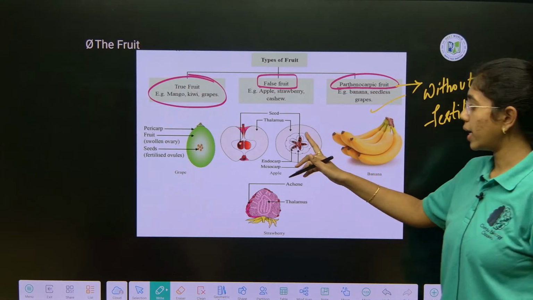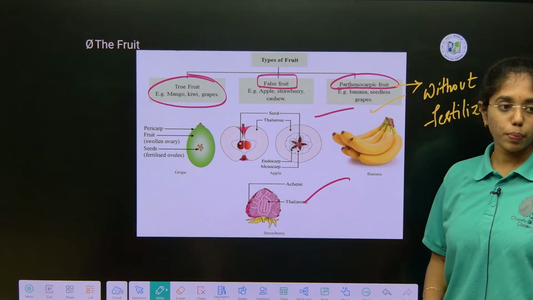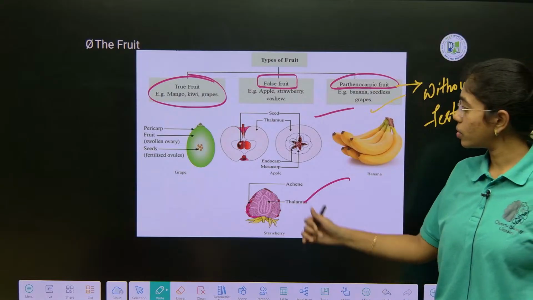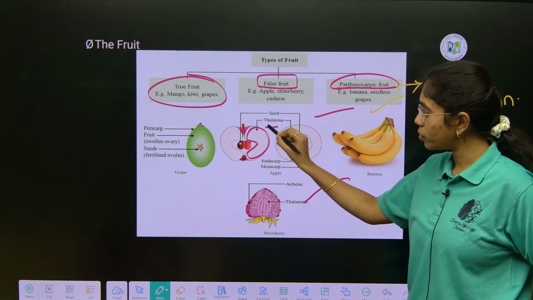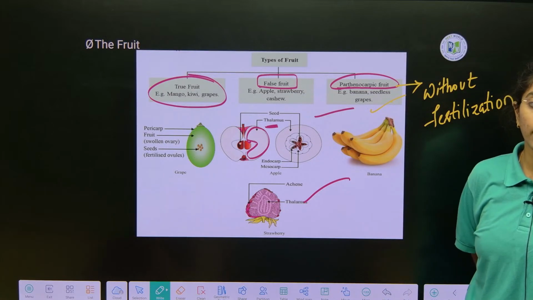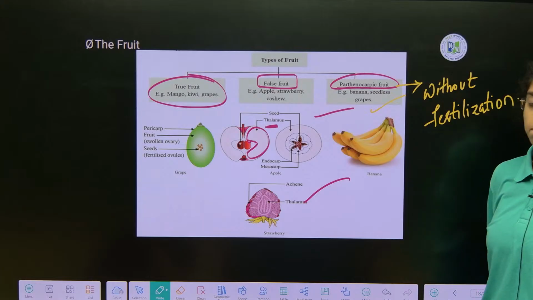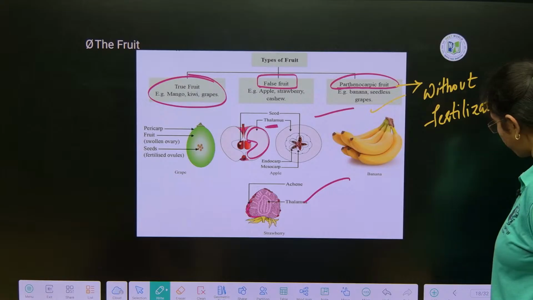Diagrams are important again, see strawberry and apple. We can expect diagram based questions. So, here this complete pulp that we eat of apple is what? The thalamus of the apple. The thalamus is also involved in fruit formation here. Done? Types of fruits.